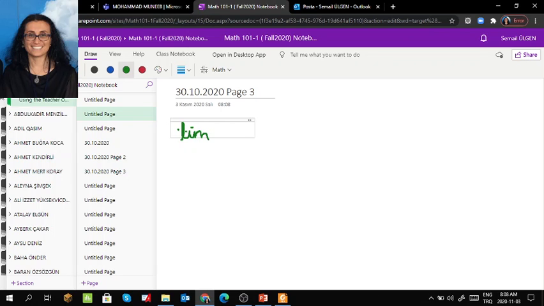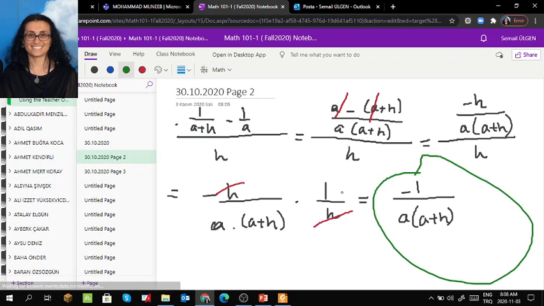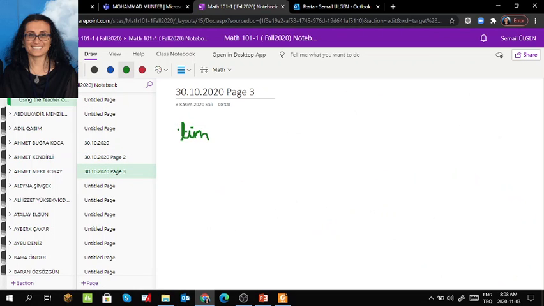Let's go back to page 2. In page 2 we have negative 1 over a times a plus h. In page 3, m represents the slope of the tangent line.